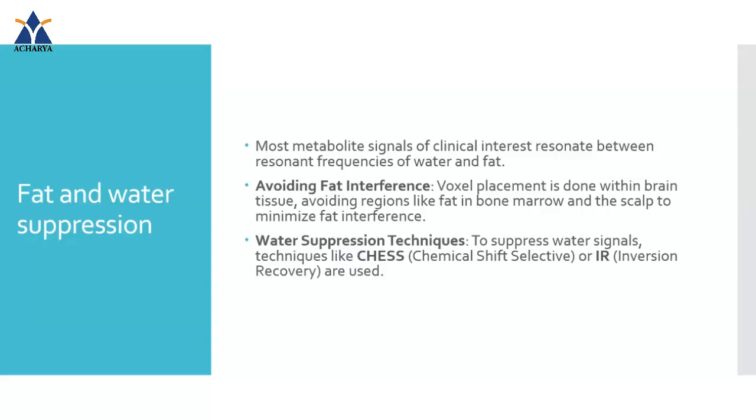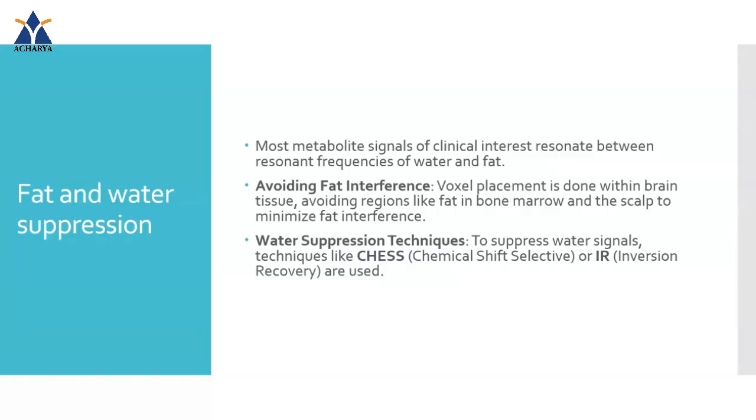For avoiding fat interference, it is very important to plan your voxel placement. Your voxel placement should avoid bone tissue. For example, in case of brain MR spectroscopy, you have to avoid the scalp region. So by avoiding bone and calcification, you can suppress the fat signal interference.